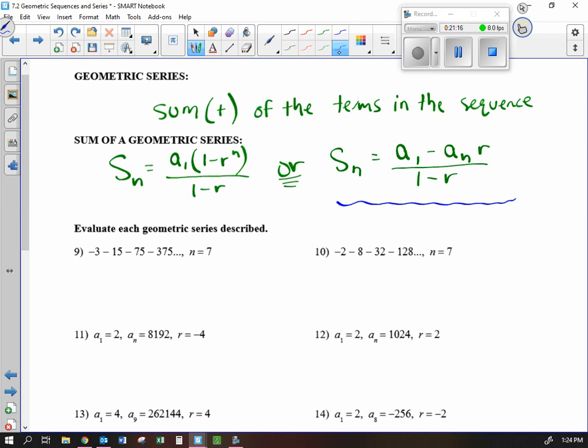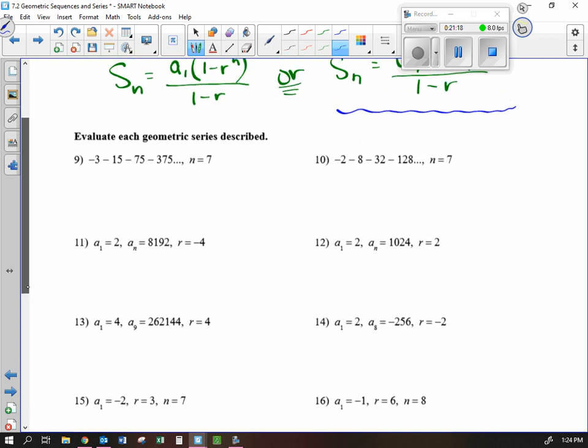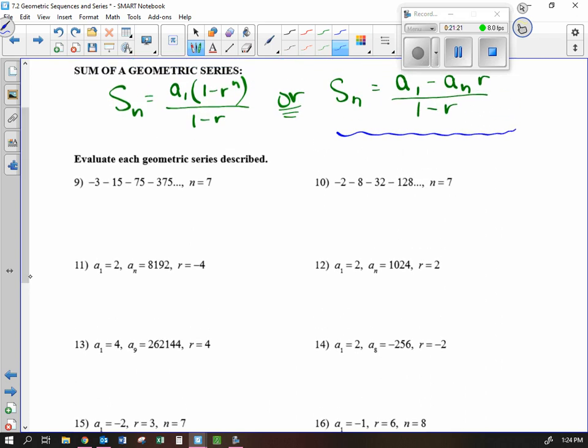Let's move down to number 9. I'll leave the equations visible here just in case. To evaluate this geometric series for number 9, we have terms -3, -15, -75, -375 when n equals 7. Remember, we're using the formulas we just jotted down.